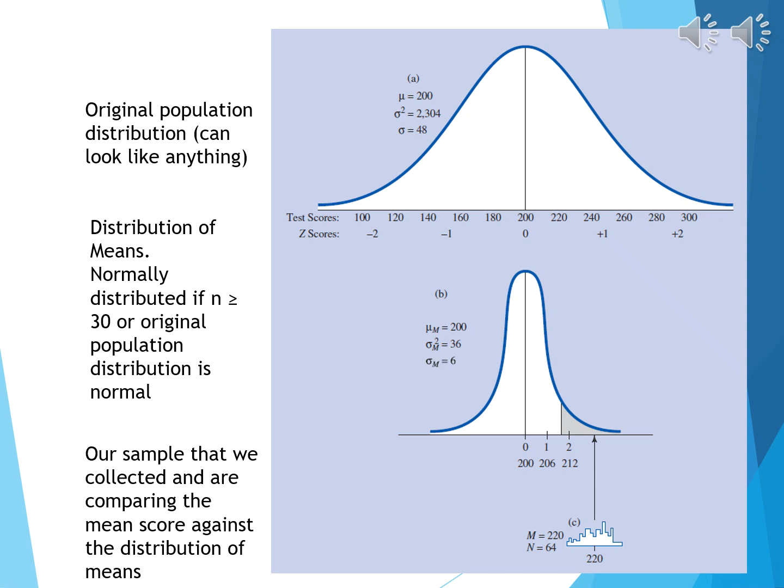But in between the population and our one individual sample is the distribution of sample means. And basically that would be formed by taking many different samples of a particular size from the population and then plotting each of the means of all of those hypothetical samples.